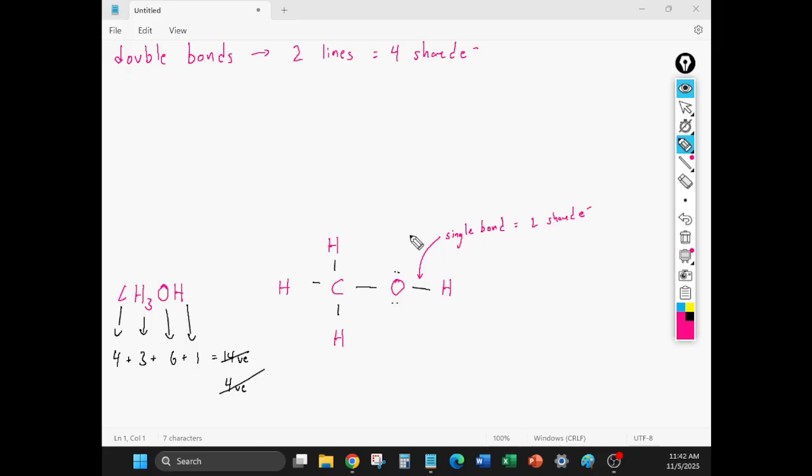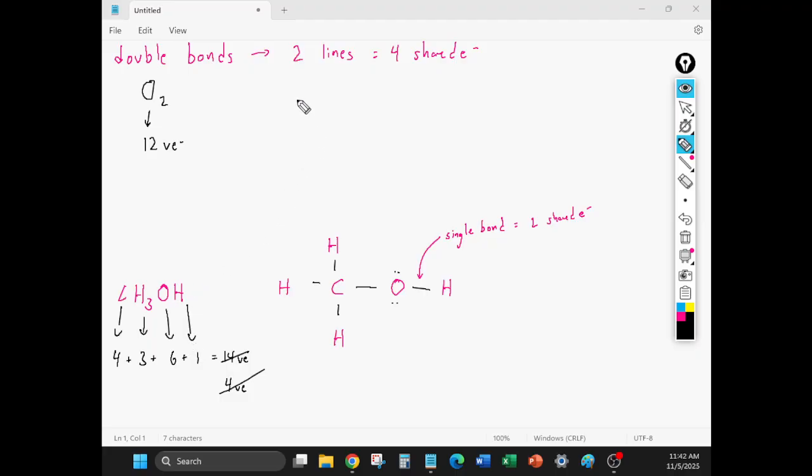All right, so let's do a quick example just to get you familiar with it. We're going to draw O2, oxygen gas. Oxygen gas has a double bond. I'm going to draw it with you because we're going to do more practice after we talk about all the new content. If you look at oxygen, oxygen has 6 valence electrons, right? So there's going to be a total of 12 in O2.